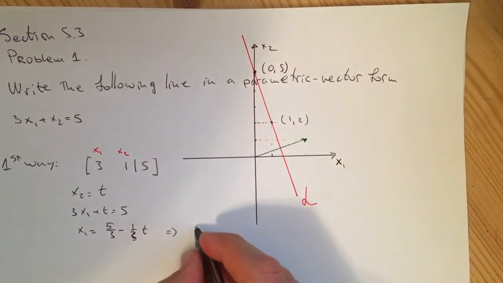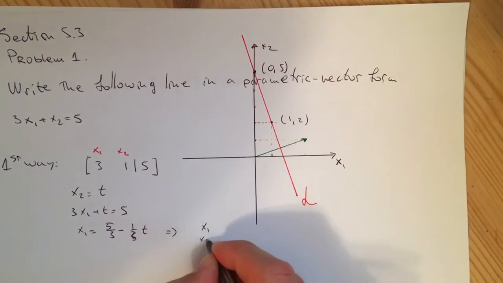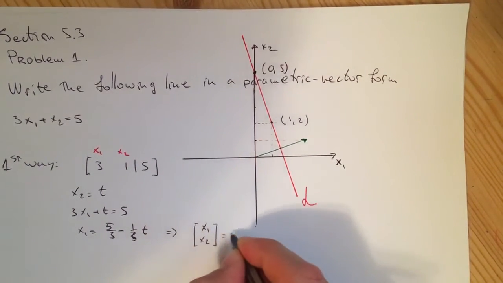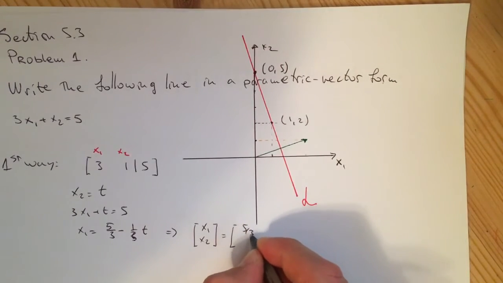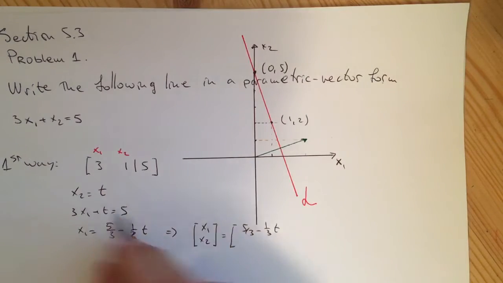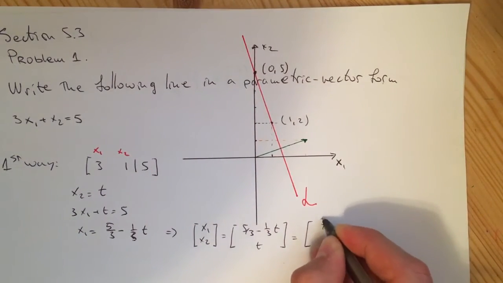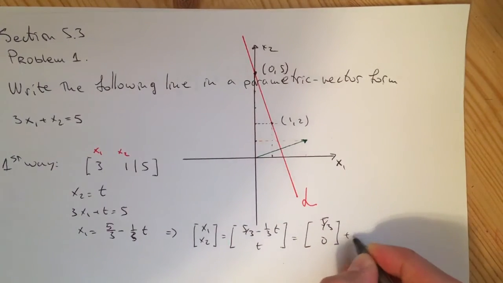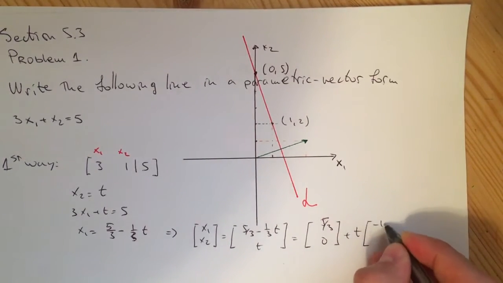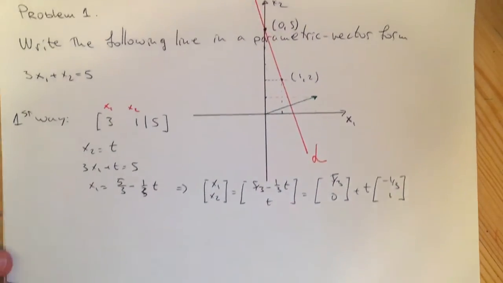And from here, the parametric vector form of the line is going to be x1, x2 is equal to 5 over 3 minus 1 over 3t, and x2 is just the parameter t, so this is going to be 5 over 3 and 0 plus t times negative 1/3 and 1. And there's one way how to do this.